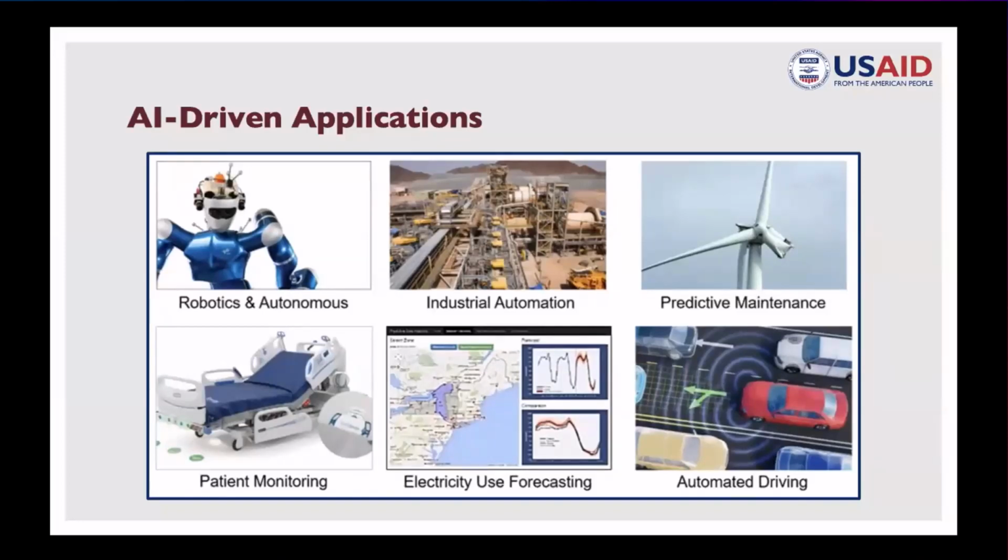Of course, we have robotics and autonomous systems. Again, this is the main application of AI to automate systems. But nowadays, depending on the need, the systems are now being more adaptive. Okay?